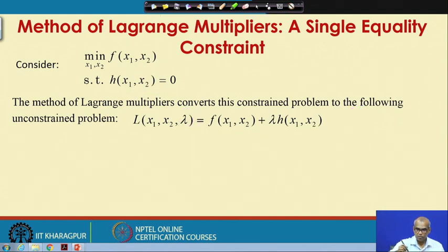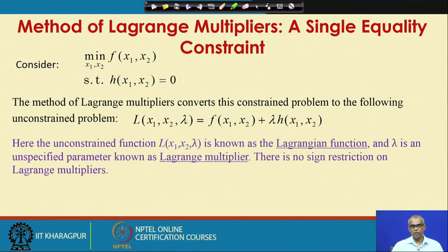Basically, for each constraint you define one Lagrange multiplier, and you add the product of the Lagrange multiplier and the constraint to the objective function.